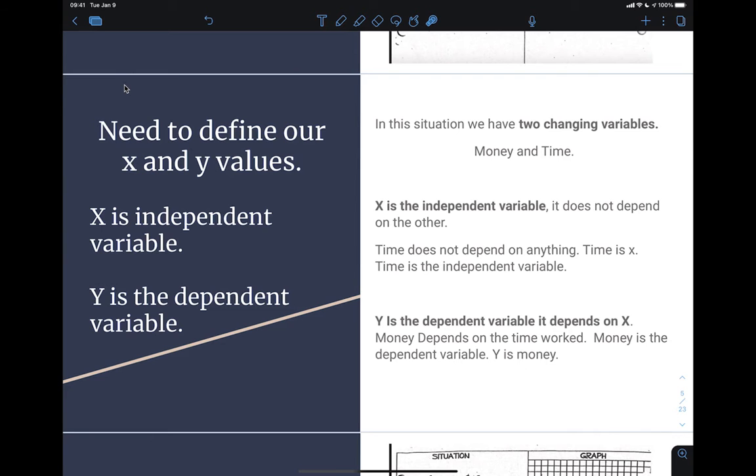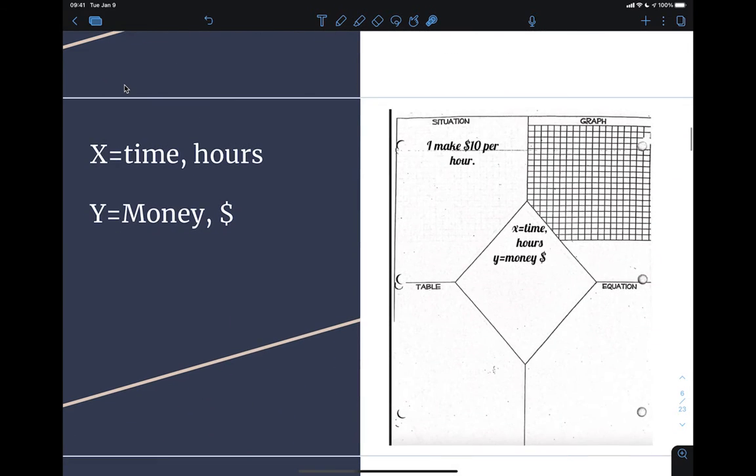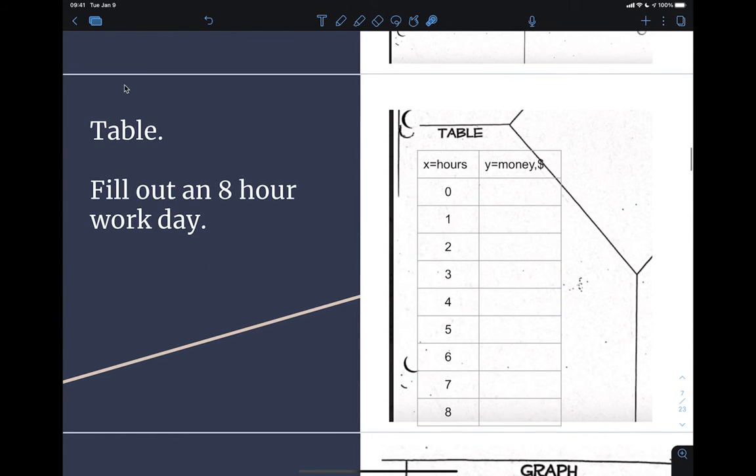All right, now that we've defined our x and y, could you guys please write your x and y inside our key? We're going to use this as a key. So x is time in hours and y is money. All right, sometimes the best place to start is with a table. So with a table, we're going to start filling out an 8-hour workday. We make $10 per hour.